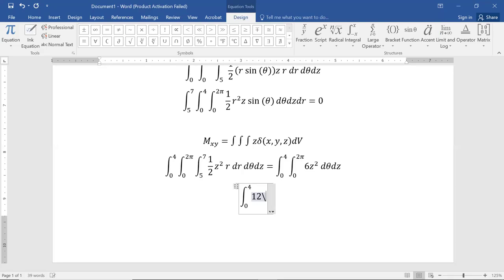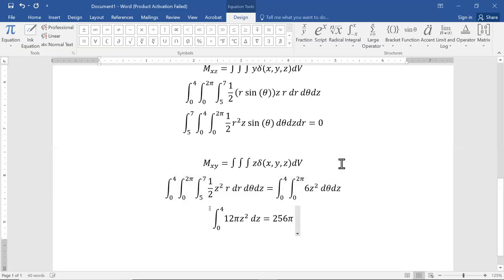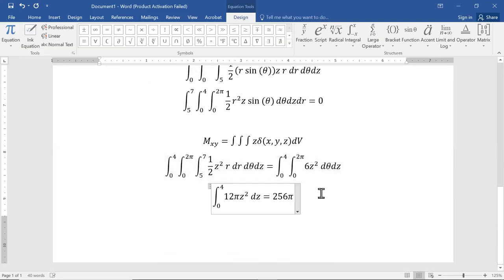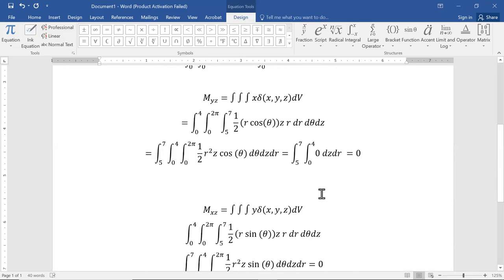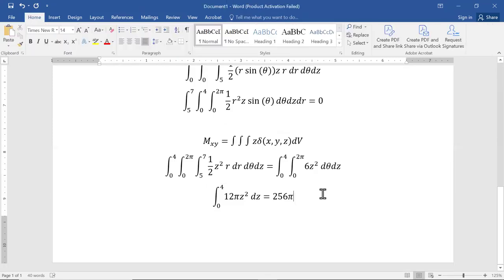So you get 12 pi times Z squared integrated with respect to Z. And when I do that integration, I end up with 256 times pi. So now I've done 3 integrations using cylindrical coordinates, and now I can find my center of mass. Remember the center of mass?